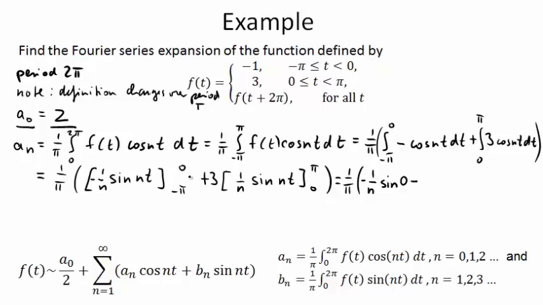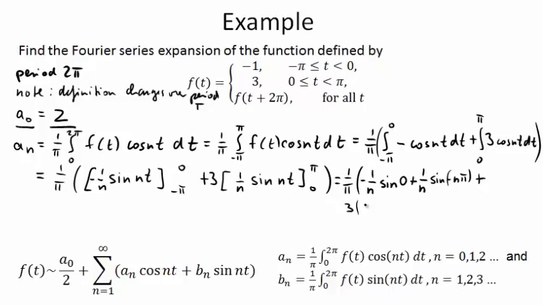Minus, subbing in negative pi. This is a plus, because there was a minus already. 1 over n sine negative n pi. Plus 3 times, well, sub in pi.